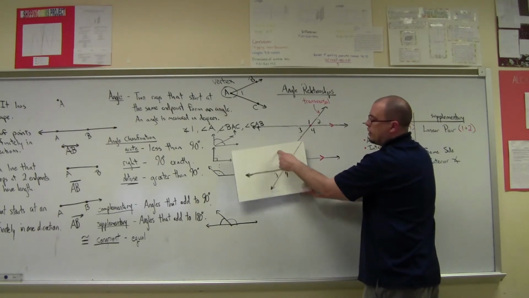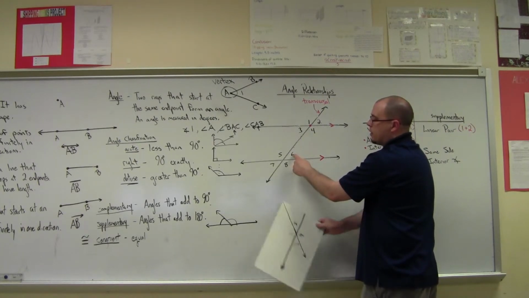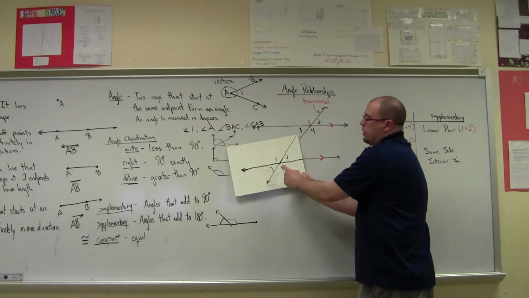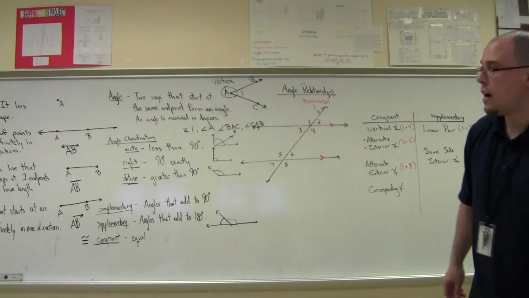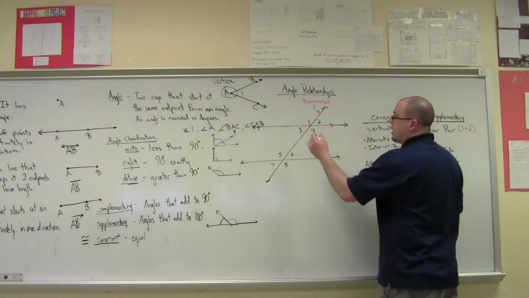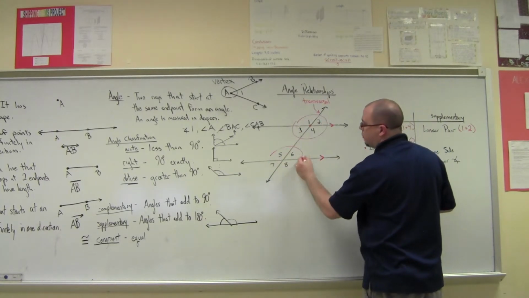You'll notice that 1 is in the same location as 5. You'll notice 2 is in the same location as 6. You'll notice that 3 is in the same location as 7. You'll notice 4 is in the same location as 8. What we consider those to be is corresponding. And the reason is, the angle relationships of these 4 angles here will correspond to these 4 angles there.